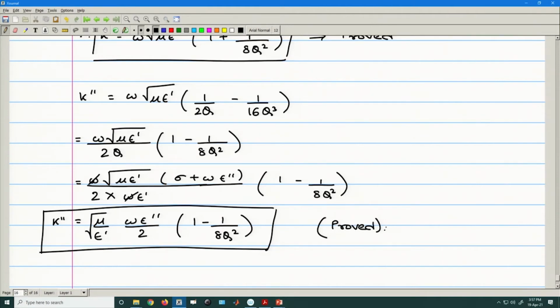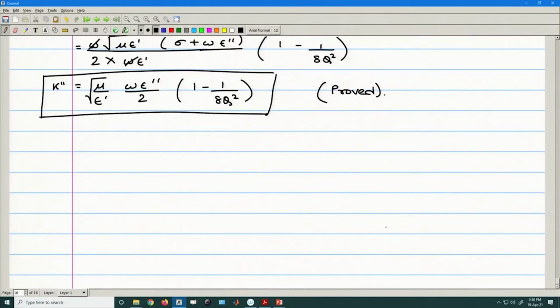Fine. Now for the resistance and the reactance. For that we will start with eta. So first and second are done.